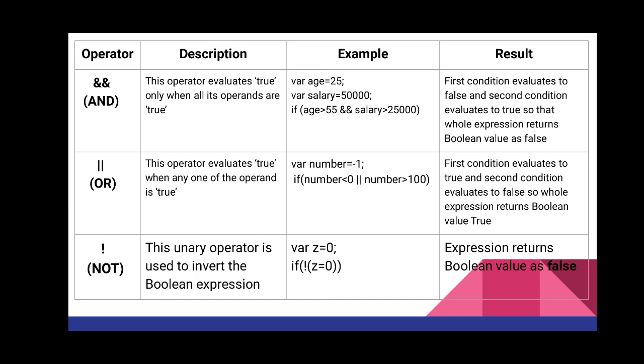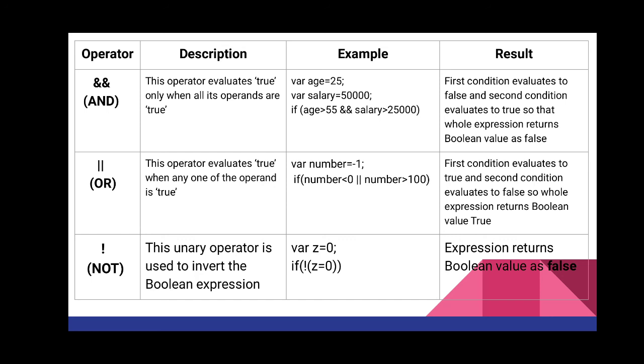Now what condition do we have to check? If number is less than 0 or number is greater than 100. So here again multiple conditions are to be checked, but it is not mandatory that both the conditions have to be true. It can give us output as true even if any single condition is true.